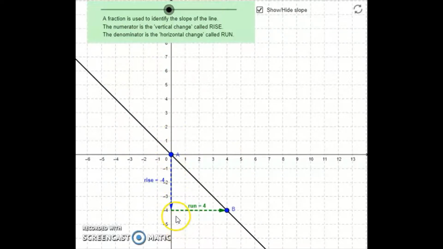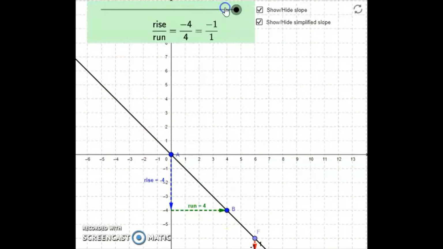My change in y is negative as I change x. So my slope will be minus 4 over 4, or minus 1 over 1. It'll be minus 1. I can measure it anywhere on the line. Just pick a point on the grid, and if I go across 1, I have to go down 1, and we have to measure where the slope is.